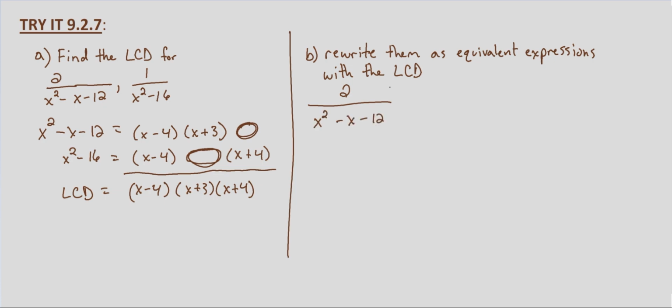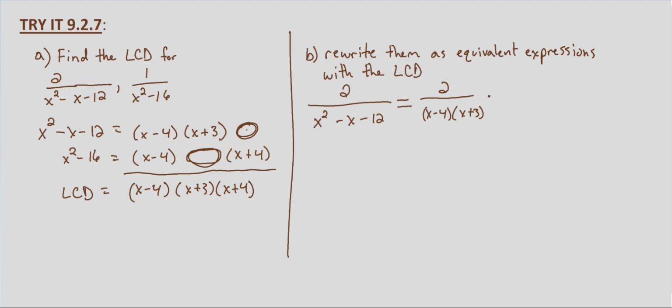But I'm going to write this a little bit differently than what they did in the example in the lesson prior to this. I'm going to write this in its factored form. So 2 over, when we factored it, we had x minus 4 times x plus 3, and then we multiply times what it's missing.